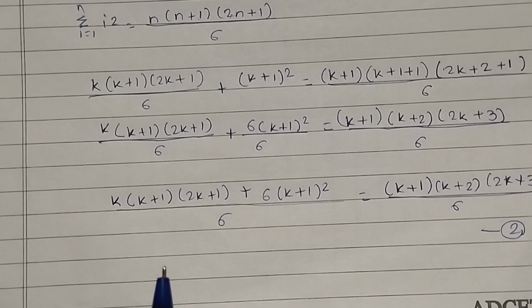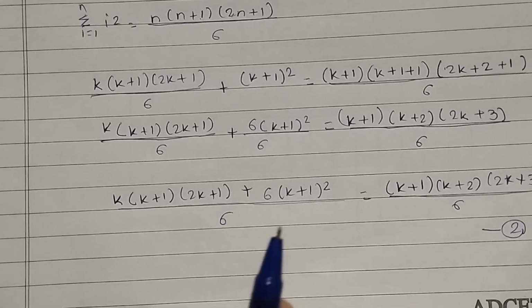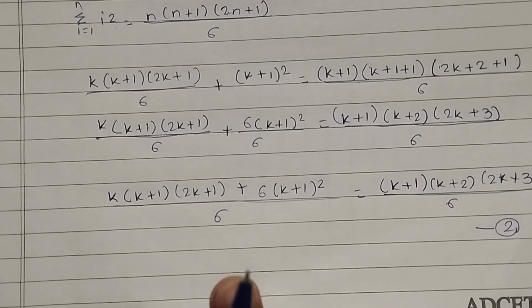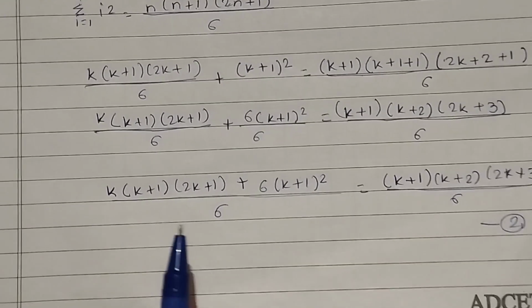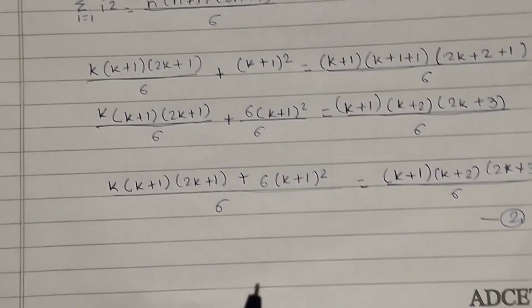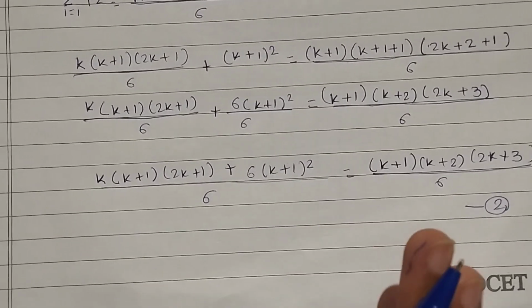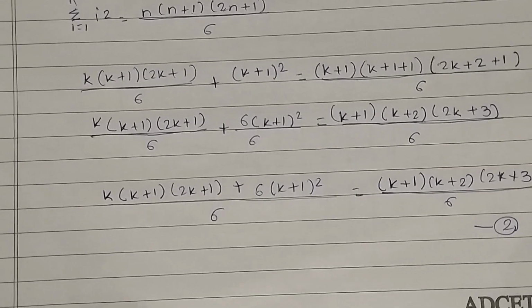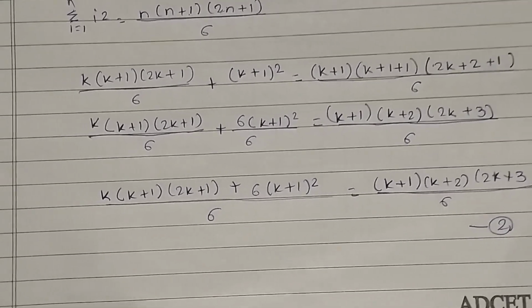But when we put n is equal to k, that time only we write the equation in k form. And now in this third step, when we put n is equal to k plus 1, that time we prove LHS is equal to RHS. So let's start to prove it.